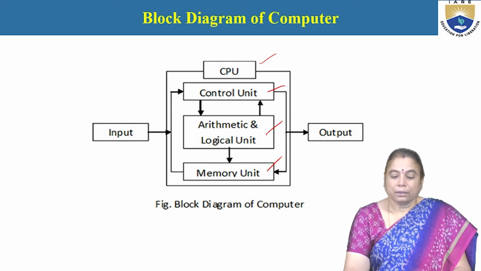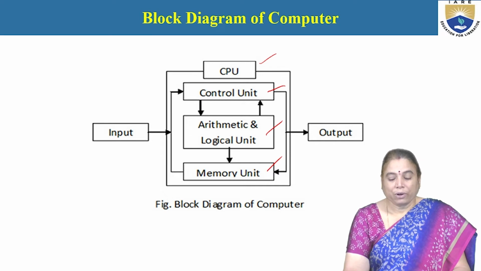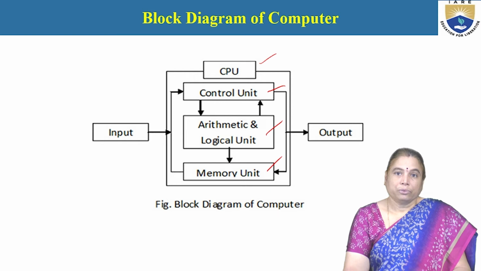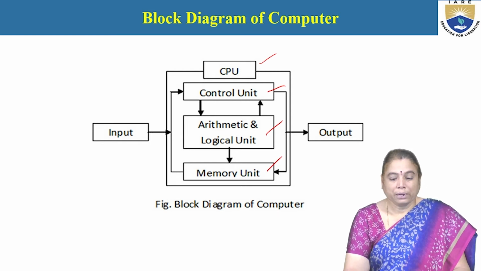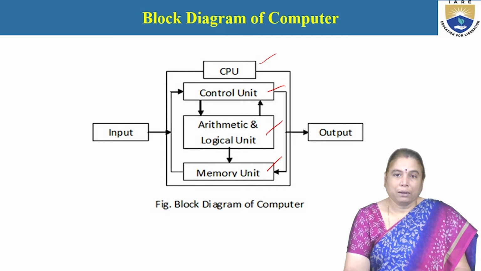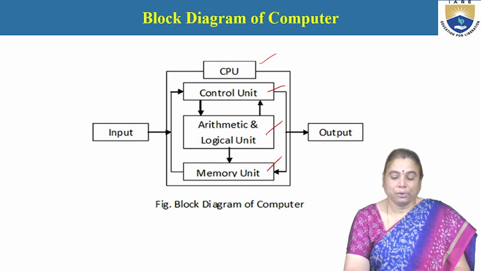And here the arithmetic operations like addition, subtraction, multiplication and division, and logical operations like AND, OR, NOT can be performed with the help of the arithmetic and logical unit. So the basic computational capacity and decision making capability can be provided with the help of the arithmetic and logical unit.